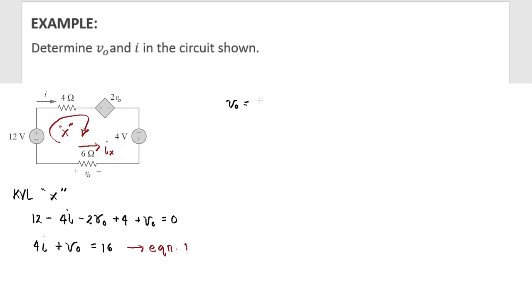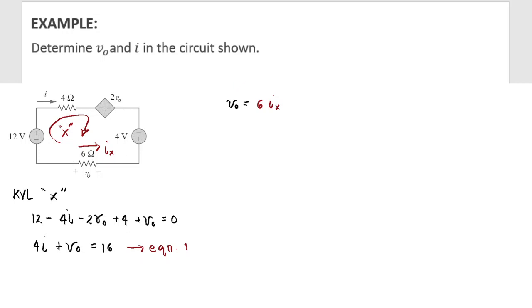That would be VO equals 6IX. But we know that IX, the current passing through this 4 ohm, is the same as the current passing through this 6 ohm. If you're going to look at the direction of I, as it passes through the 6 ohm, it's towards the left. I to the right, then downward, then to the left.